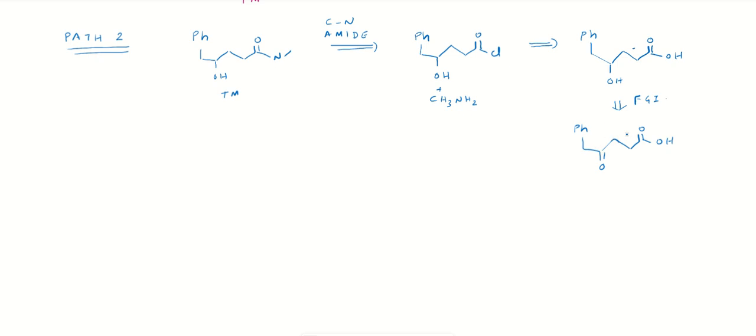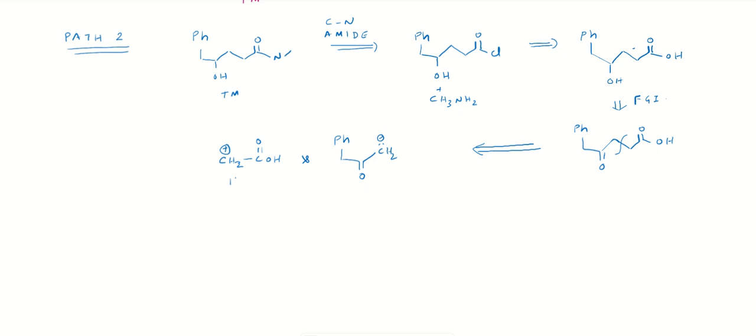Now I will disconnect the molecule here. Once I disconnect, I'll get PhCH2 C double bond O CH2 minus, and I will get CH2 plus C double bond O OH.